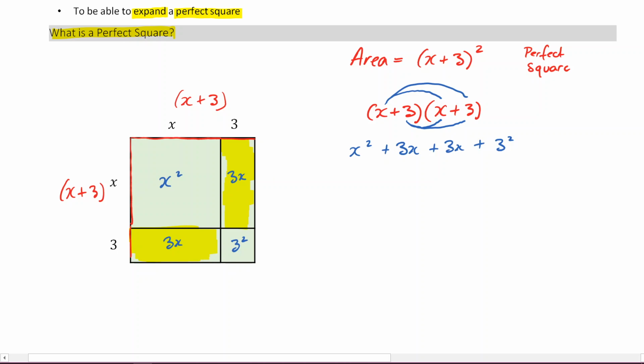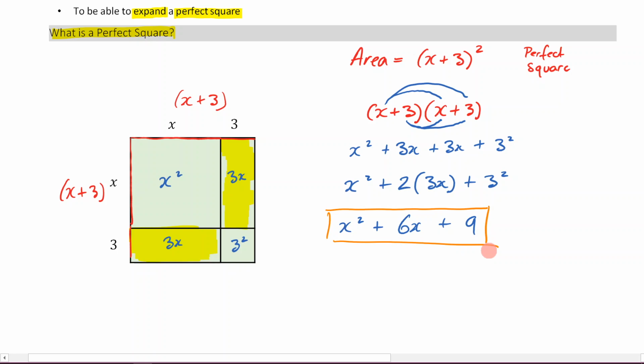So that means if I wanted to, instead of going 3x plus 3x, I could go x squared plus 2 times 3x plus 3 squared. If I now were to simplify this, I would say it's x squared plus 6x plus 9. And that's what we would do. That would be my answer right there. Fully expanded.